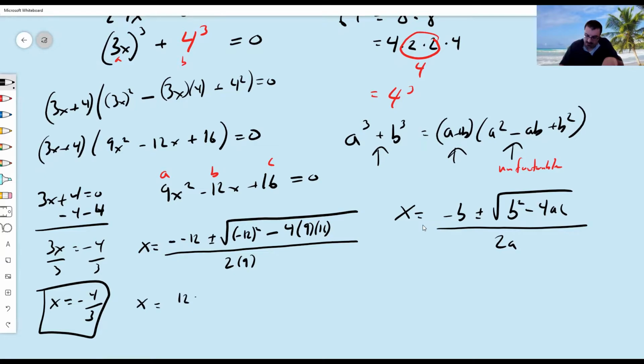So positive 12 plus or minus the square root of 144 minus, well, 16 times 4 is 64. Then 64 by 9. Multiplication here real quick. 9 times 4 is 36. Put 6 down, carry the 3. 9 times 6 is 63.